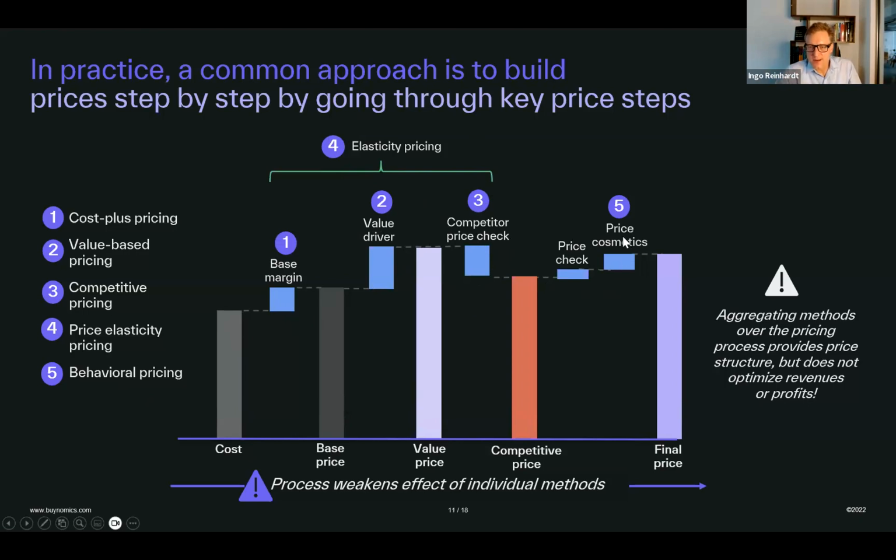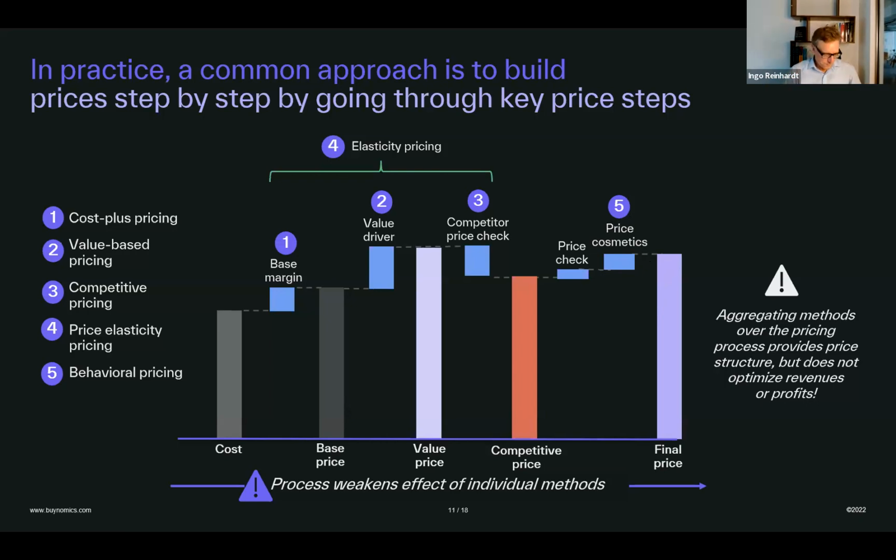For example, price cosmetics: if the price you compute in the end is, let's say, 300 euros, it often makes sense to go to 299 or 299.99 and so on. That belongs to the behavioral pricing world. So this is a way to aggregate them.